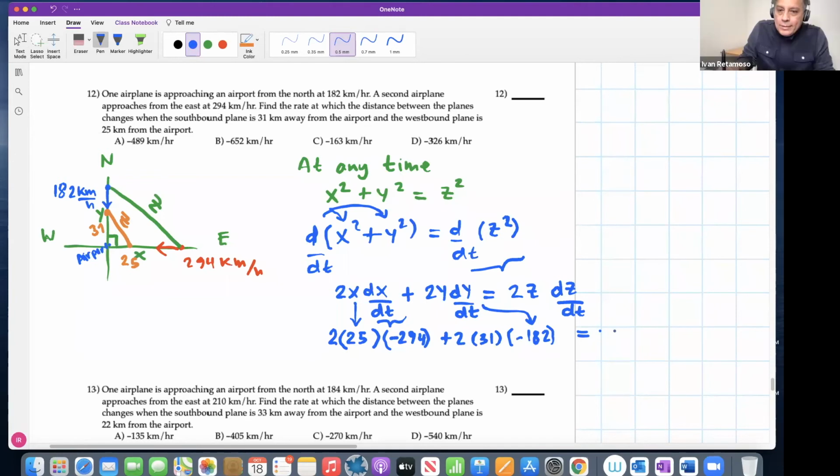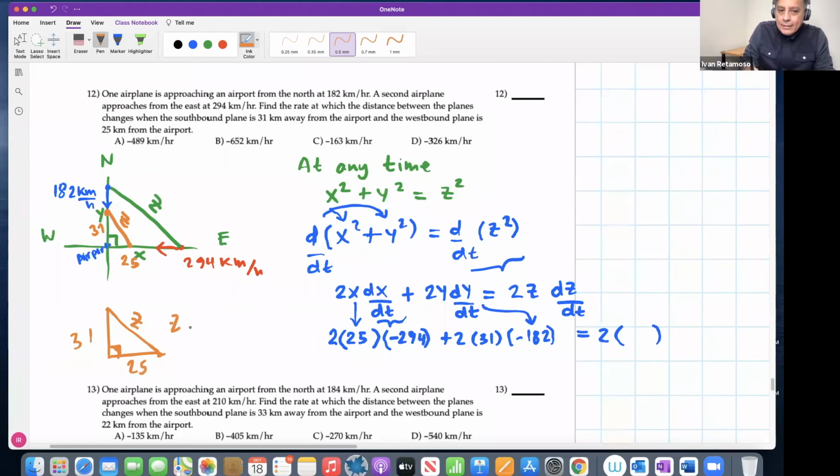Here, 2z, what is z there? Let me isolate this triangle. We have that this side is 31 and this side is 25. At that moment, it's possible to compute z, looking at this right triangle.